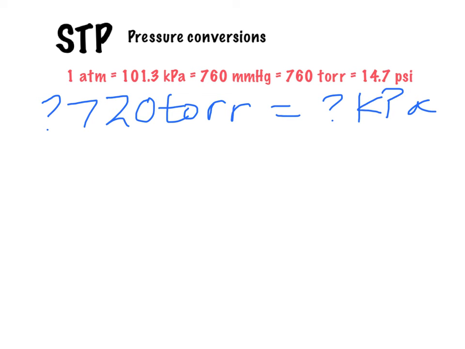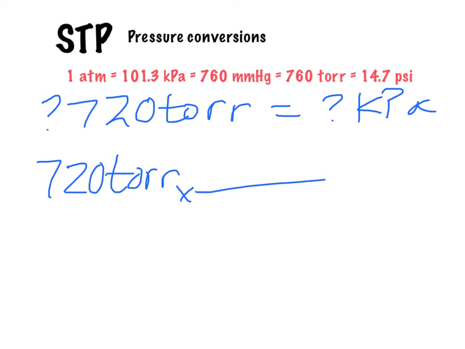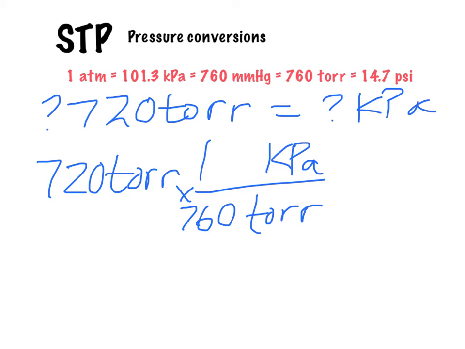We would do that by taking our 720 torr and using the fraction conversions that we've used throughout chemistry. The unit torr would go on the bottom and kPa would go on the top. We would then use the numbers from the equality listed here. We would have 760 torr on the bottom and 101.3 kPa on the top.